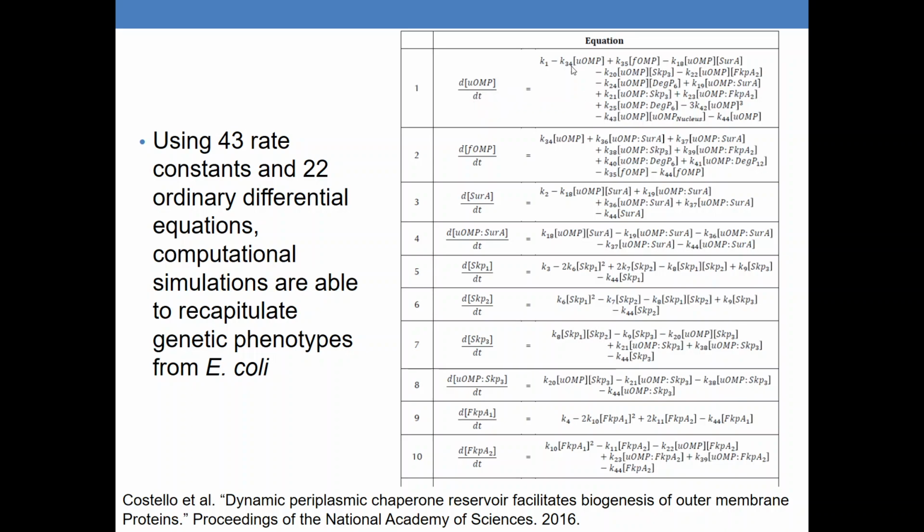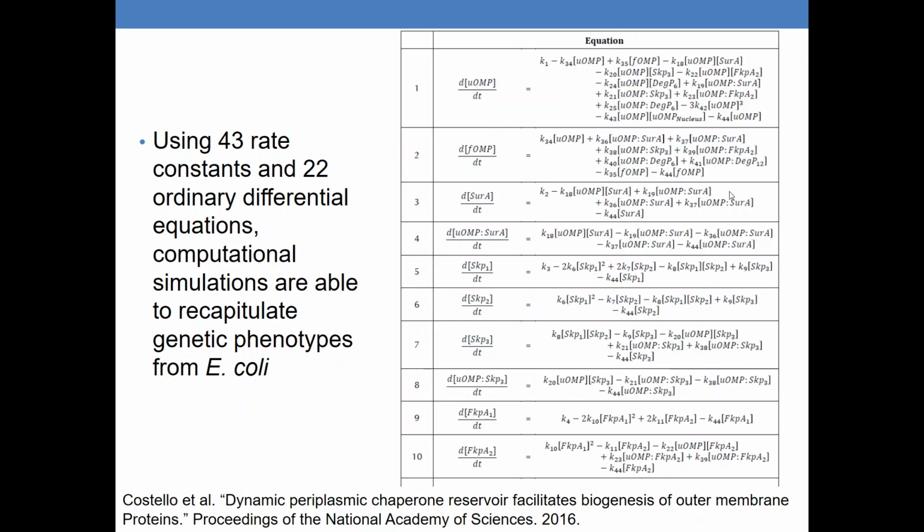You'll see terms for as many of those chaperones as were just shown on the previous slide, where each of them is characterized by an individual rate constant. So this first equation expresses the concentration of unfolded outer membrane protein as a function of time. That's a very important one. But altogether, you had 22 different differential equations.